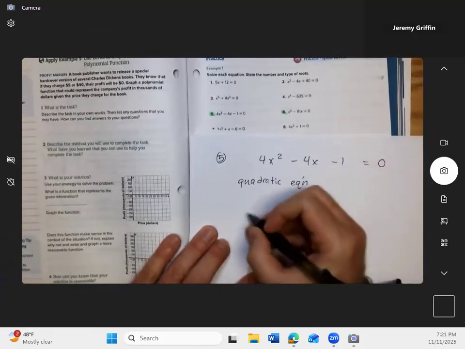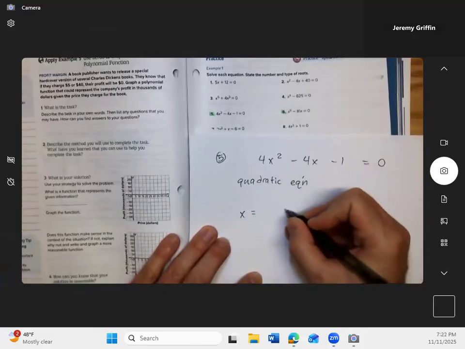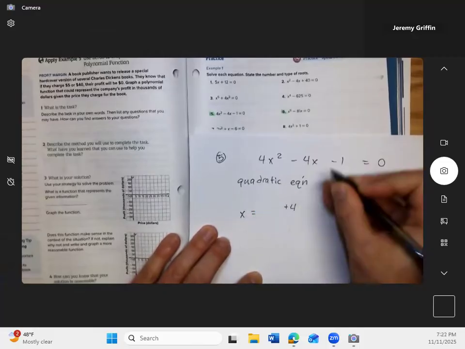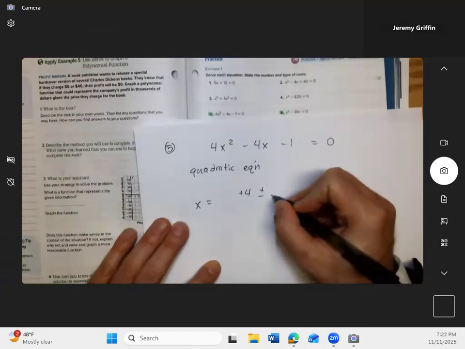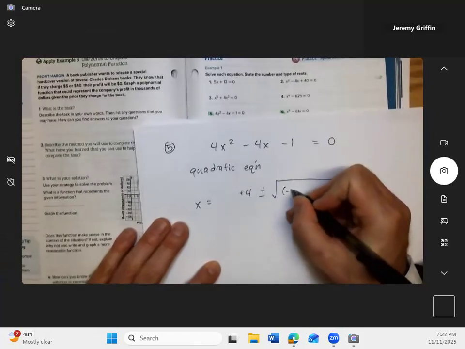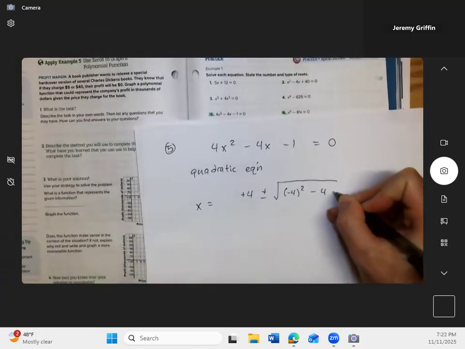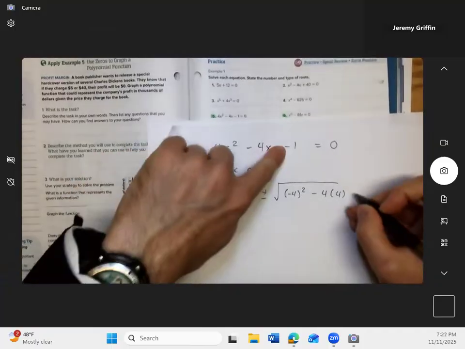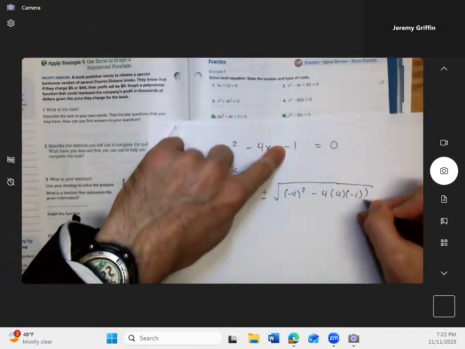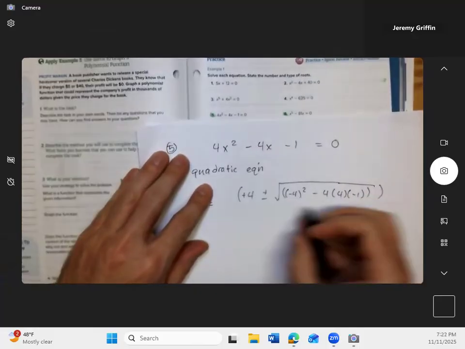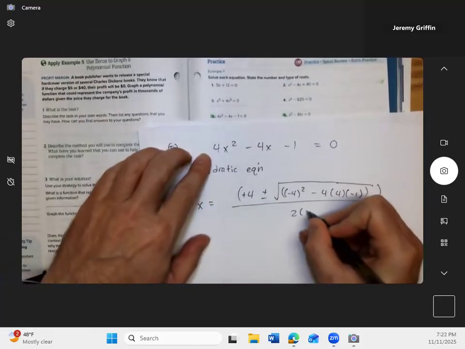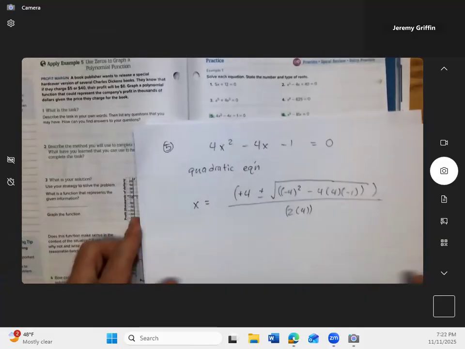So x equals negative b, so that's positive 4 because b is negative 4, plus or minus the square root of b squared minus 4ac, all divided by 2a.